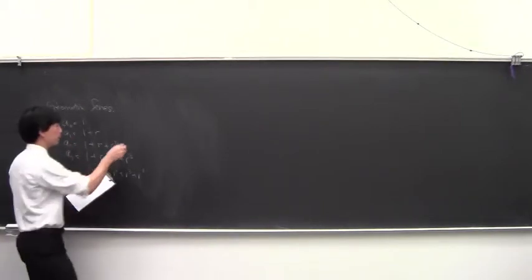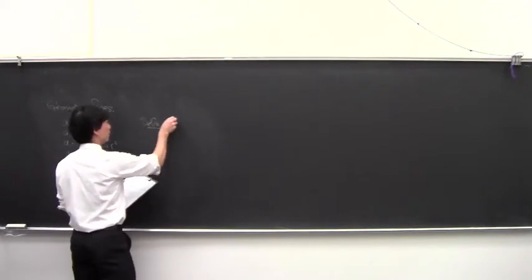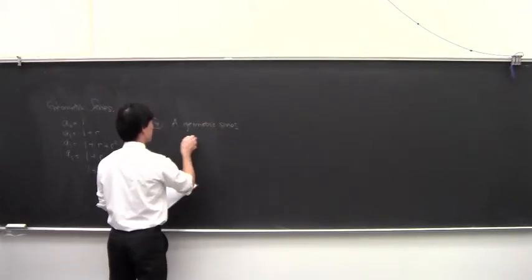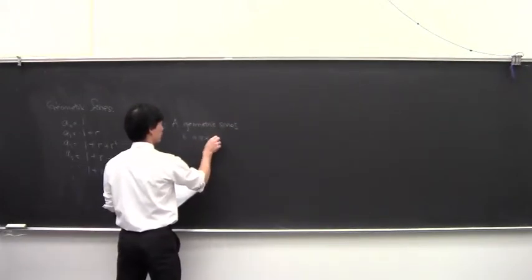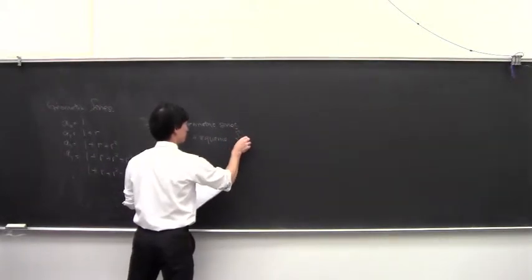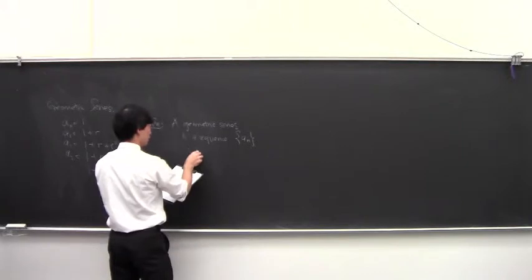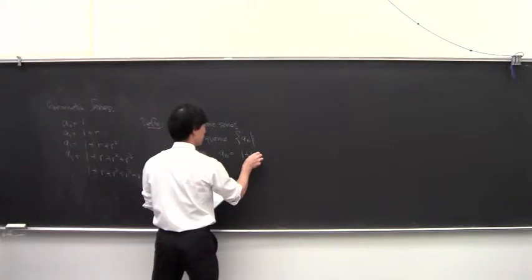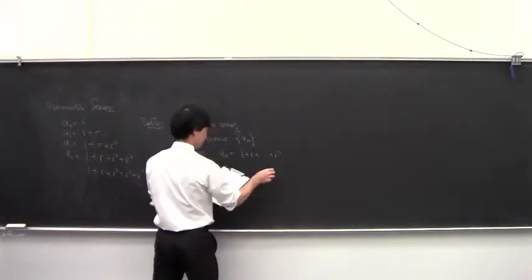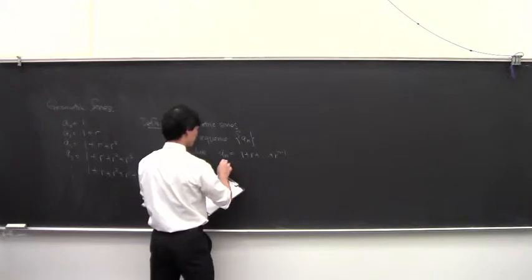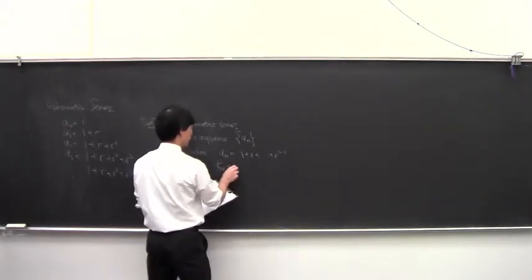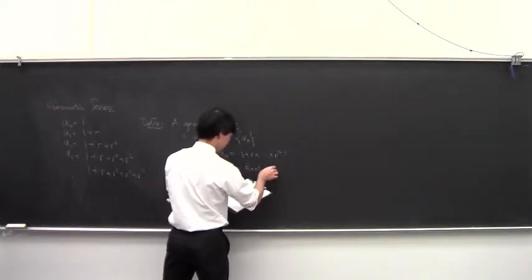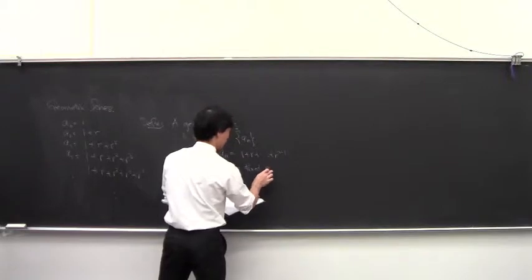So a geometric series is a sequence a sub n where a sub n is 1 plus r plus up to r to the n minus 1, for some fixed r, some fixed r, a real number.